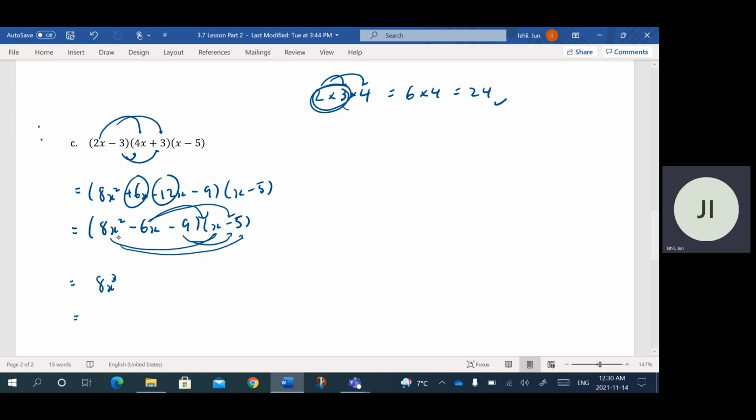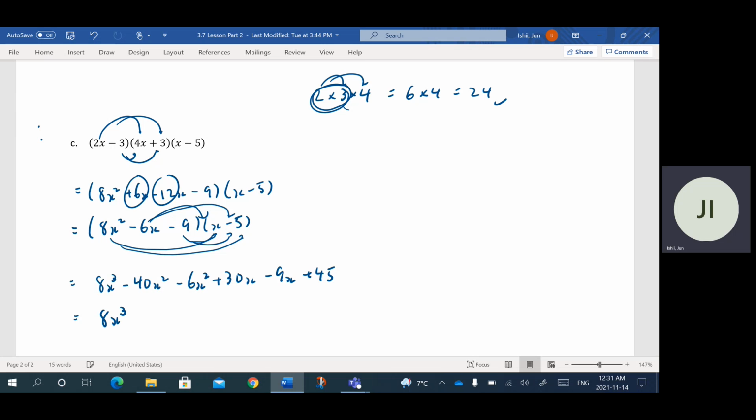All right, so 8x squared. I'm going to do this fairly quickly. So negative 40x squared minus 6x plus 30x minus 9x plus 45. So 8x cubed. Again, I'm just going to collect my like terms.